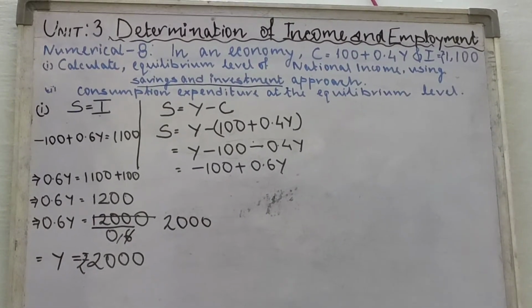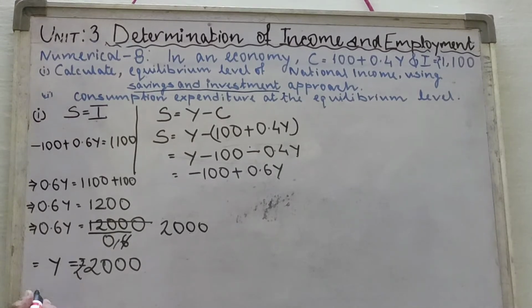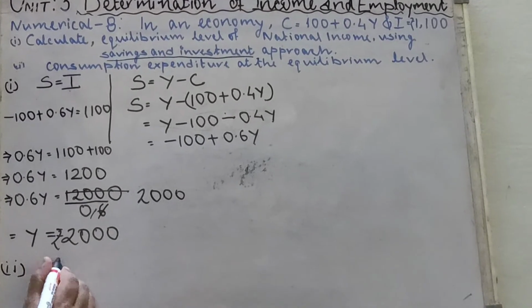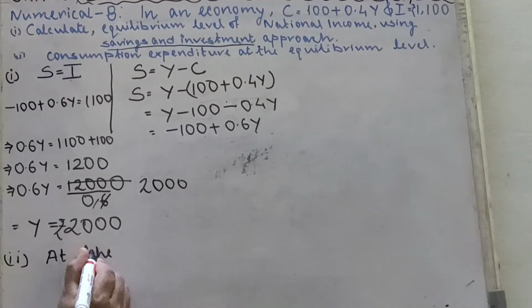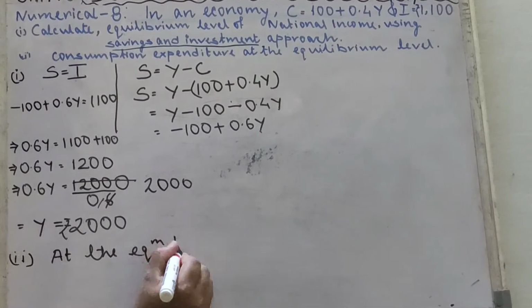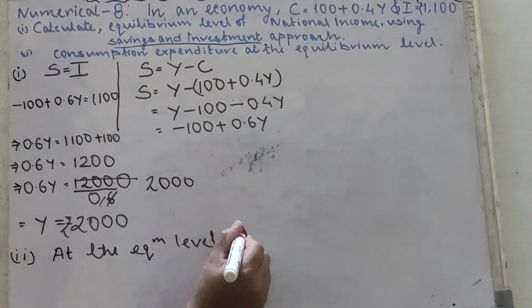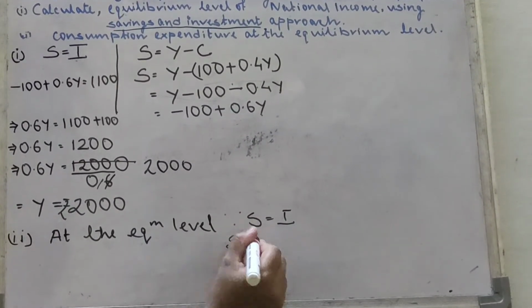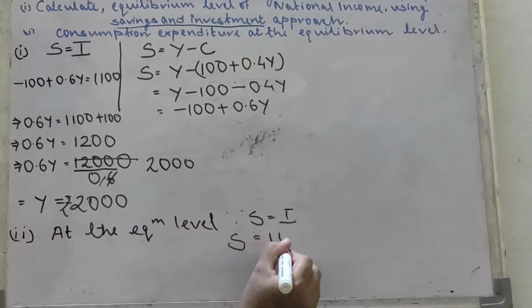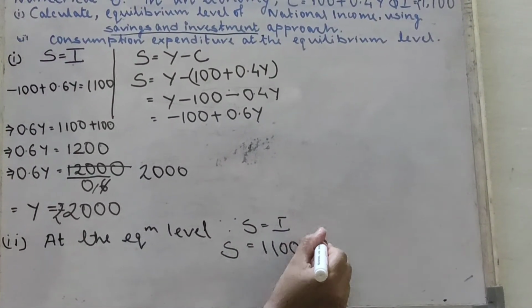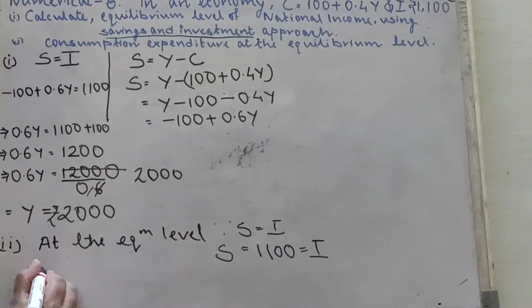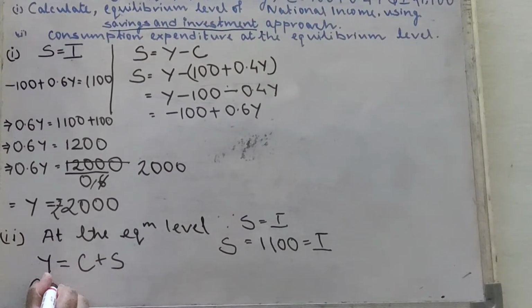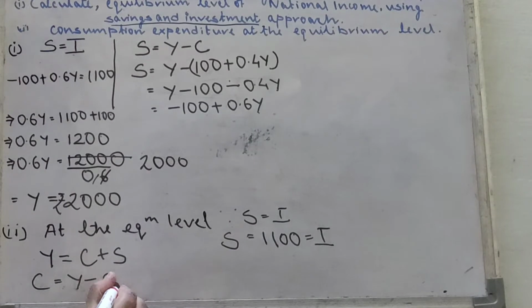The second question they asked is to find out the consumption expenditure at the equilibrium level. So we know that at the equilibrium level, since S is equal to I, therefore S is how much? 1100, that is equal to I. We know that income is equal to consumption plus saving. Therefore, consumption is income minus saving.